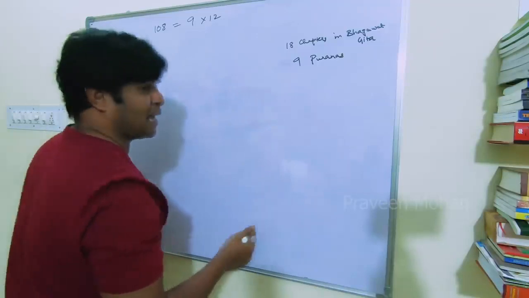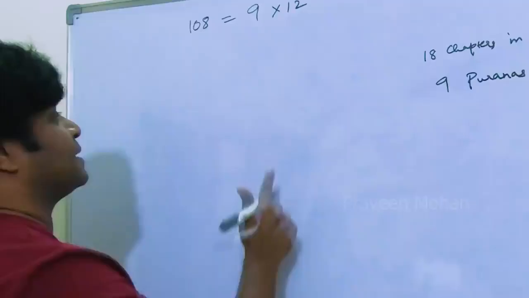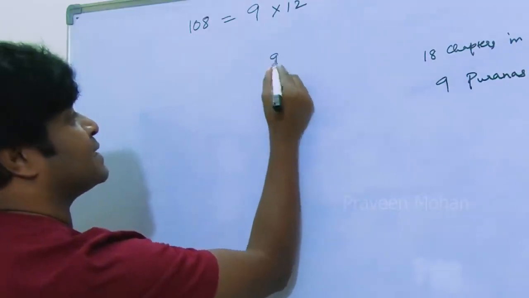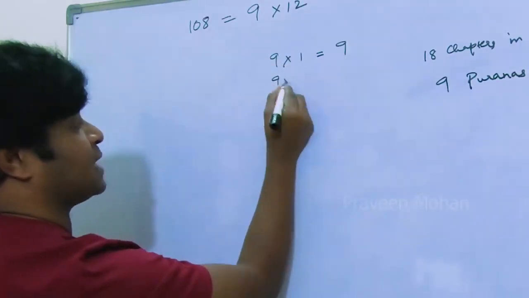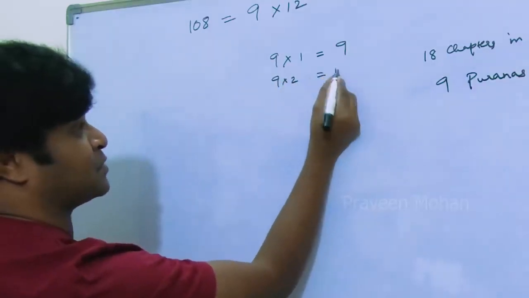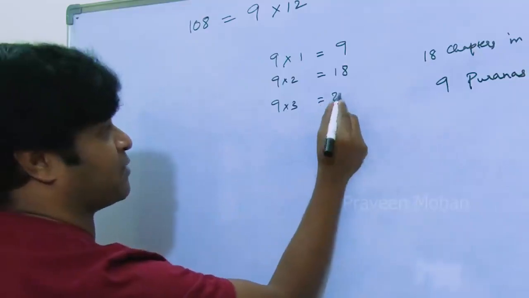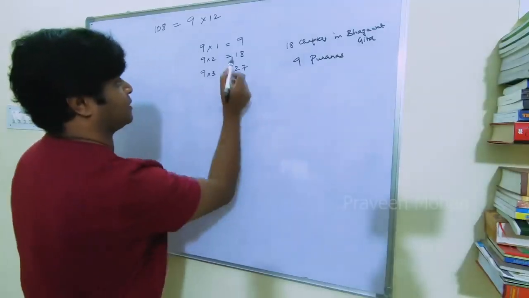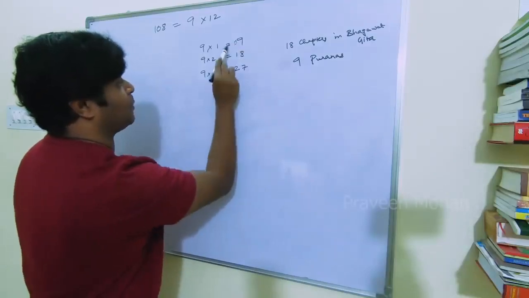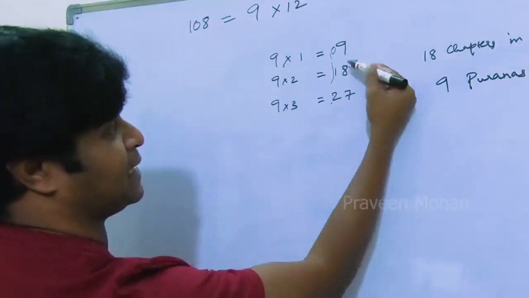Remember when you were a kid how you used to write 9 tables? Now, 9 times 1, this is 9. 9 times 2, this is 18. 9 times 3, this is 27. Now suddenly you start recognizing a pattern, right? Look at this. Now let's say this is 0. 0, 1, 2, and then 9, 8, 7.